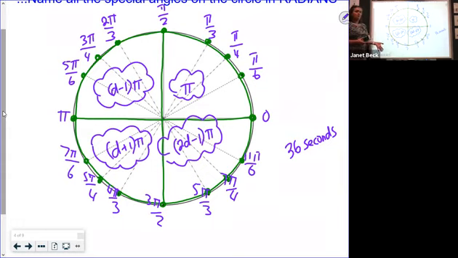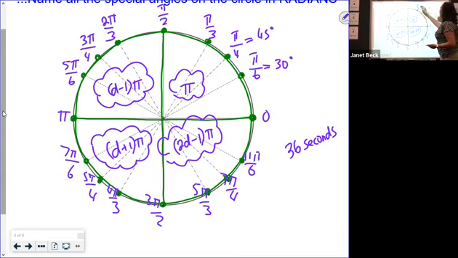You need to know your 45, 45, 90 triangles well. You need to know your reference angles, that 30 degrees is pi by 6, 45 degrees is pi by 4, and 60 degrees is pi by 3. And be able to draw a 30, 60, 90, or a 45, 45, 90 in any quadrant.